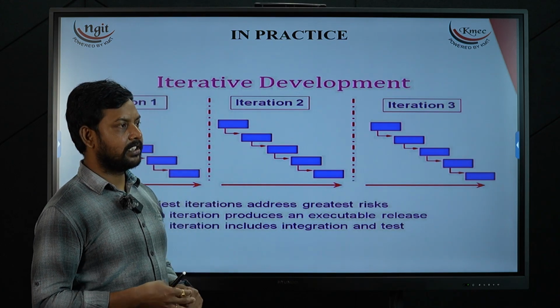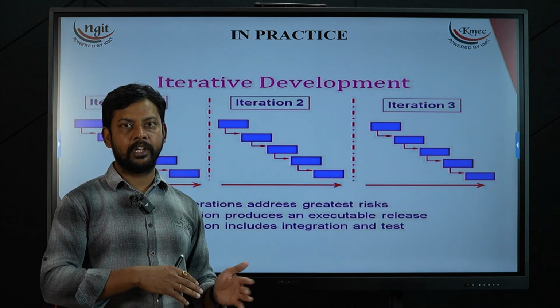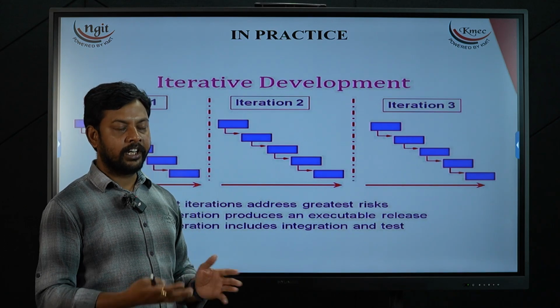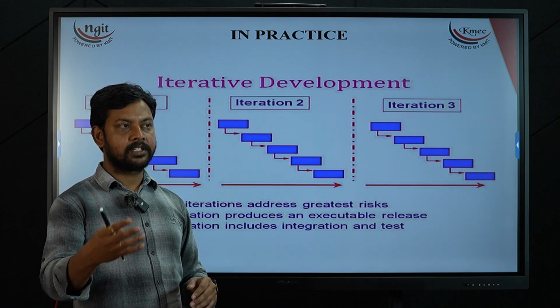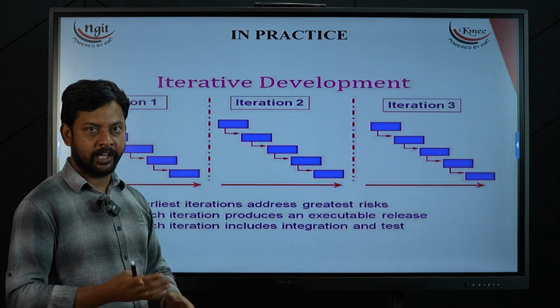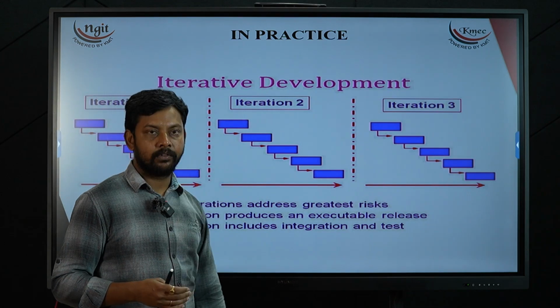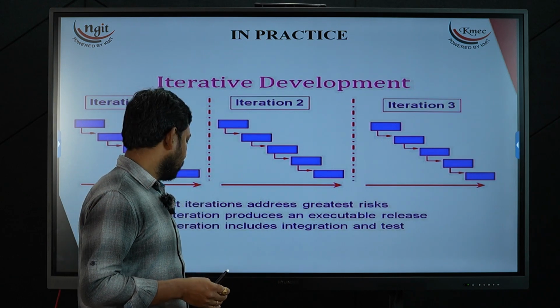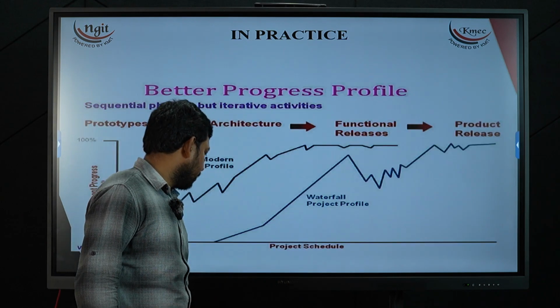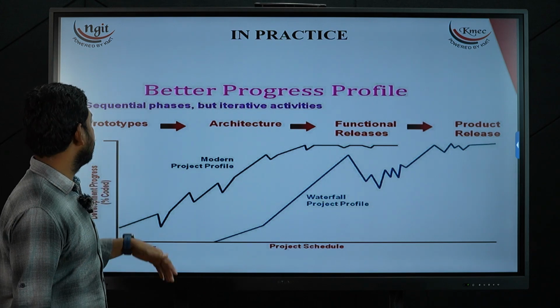Integration phase is like if some modules of your phase 1 are supposed to be added to your phase 2, then you can integrate both of them and you can start testing on both of these phases simultaneously, right? So this is how iterative development works in practice related to your software development. So in practice, your iterative development is going to provide you better results.